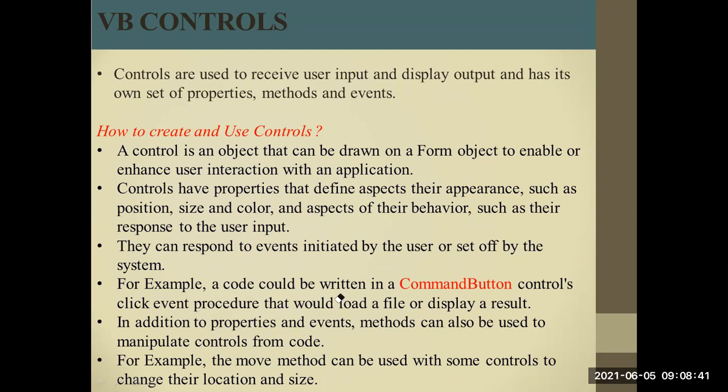For example, if you write code for a command button, the command button will be your control. Now, what are the events that can be produced? The event can be clicking. After clicking, what can happen? It can either load a file or display a result.